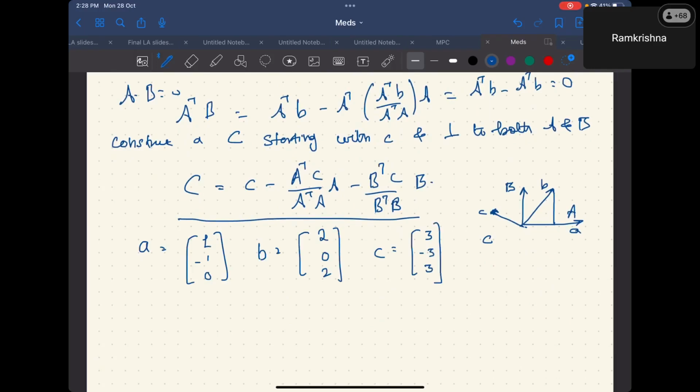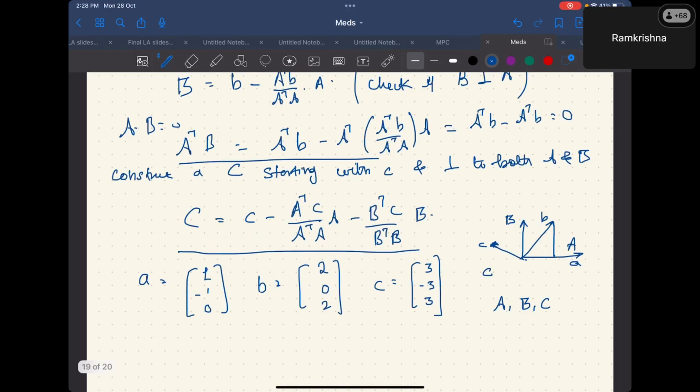Okay, what I want to do is start from these three vectors and then construct three perpendicular vectors, capital A, B, and C. So I just compute these three expressions.